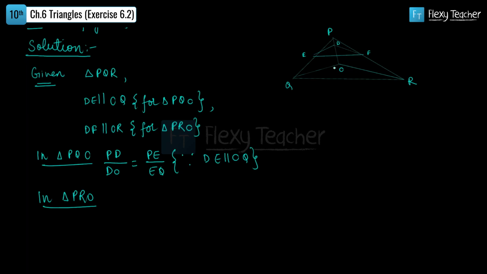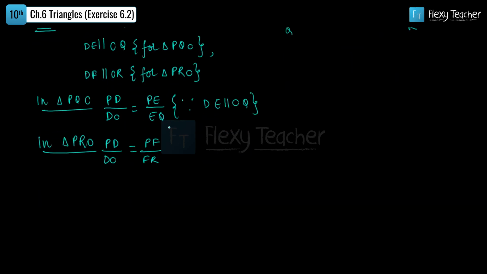PD upon DO is equal to PF upon FR. Why? Because DF is parallel to OR.